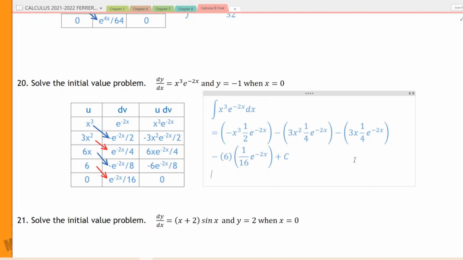Great. And in our last addend, we can move the 6 inside the parentheses without any penalty. And then we could reduce 6 and 16. I think we could divide everything by 2. And then I don't think we need the parentheses anymore.